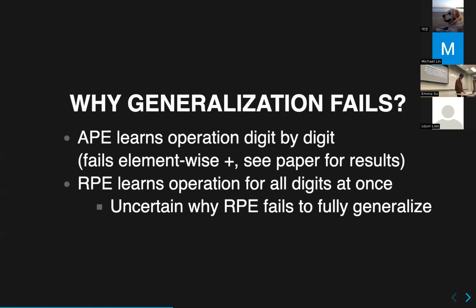So the main reason behind it, they ran a test so that absolute positioning can't learn the operation digit by digit. It fails like element-wise addition. So that means for something like 99 plus 36, if you ignore the carryovers, then this would be 5 and this would be 2. So it can't learn this apparently. And it has a couple of results in their appendix about that. But they were very uncertain about why RPE fails to generalize.